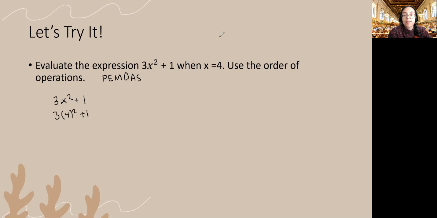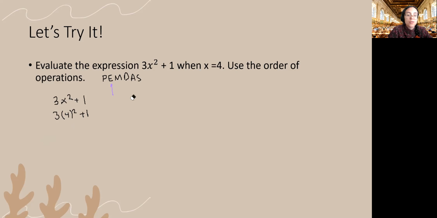I have a power, I have multiplication, and then I have this addition. So I'm going to evaluate the power first. Why? Because this part is before this. Evaluating powers has a higher priority than multiplication. So I'm going to do that first. So let's show it.